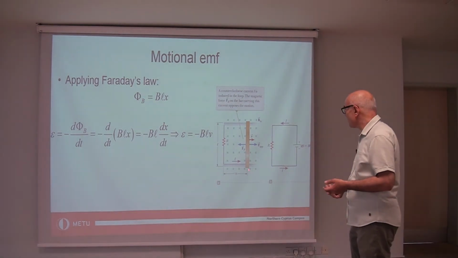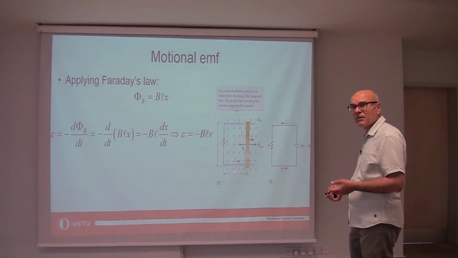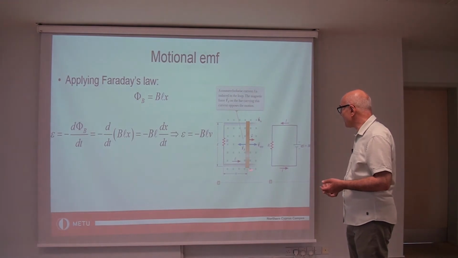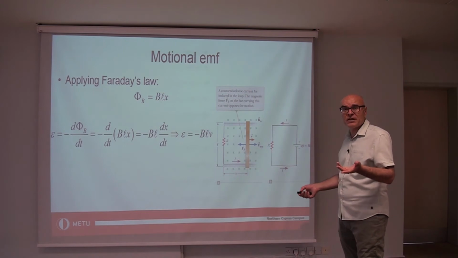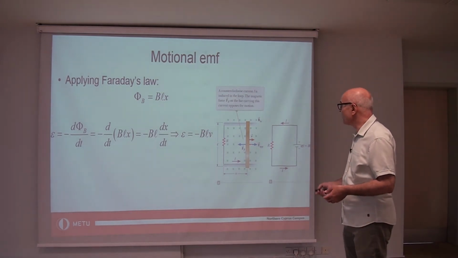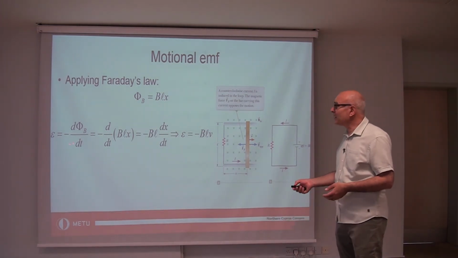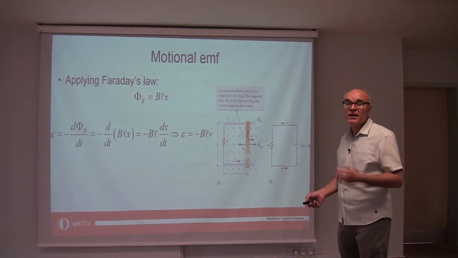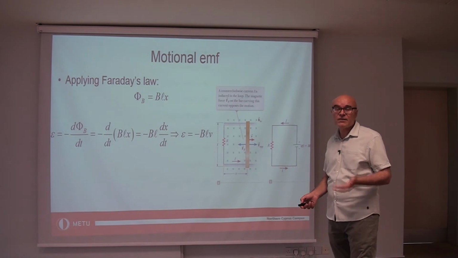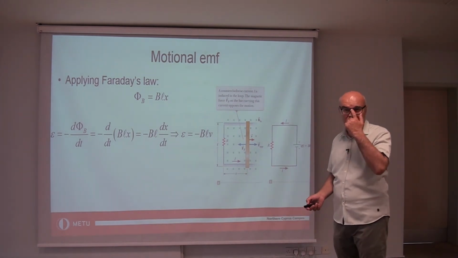It is v, the speed with which this is moving, because it is the rate at which the position x is changing, which is nothing but the speed of the bar. So the motional electromotive force generated is just minus BLV, and of course we know why there is this minus sign. We have discussed this when we talked about Lenz's law.